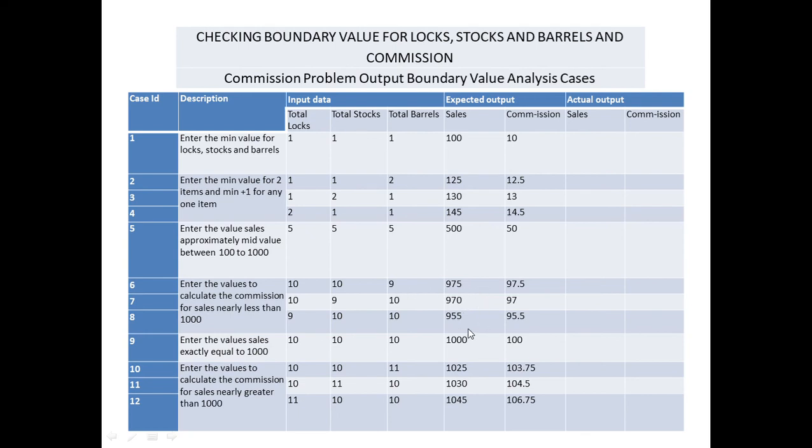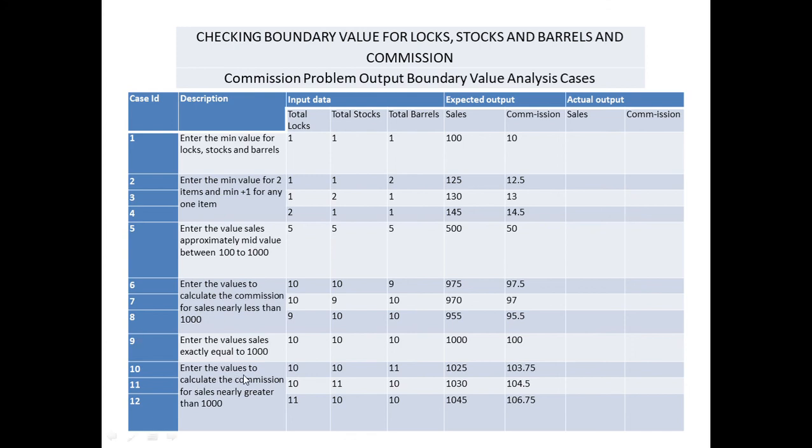To get this sales, we need to give the values. Then enter the values for sales exactly equal to 1000. If you want to get the sales as 1000, what values do you have to give? Just imagine you calculate the approximate values you have to give for total stocks, logs and barrels.